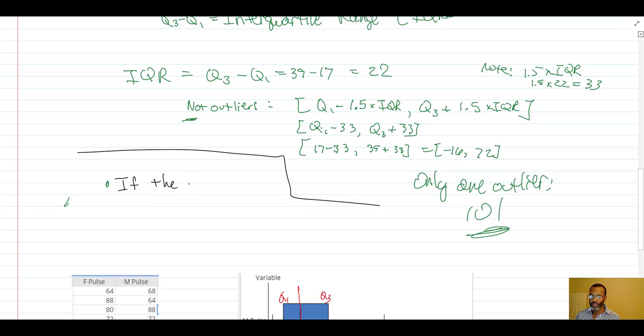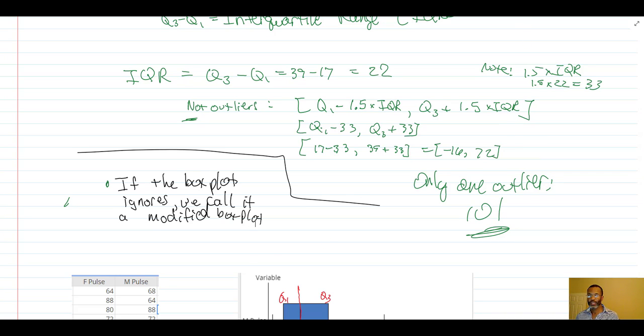If the box plot ignores outliers, we call it a modified box plot. So that's how we can handle outliers.